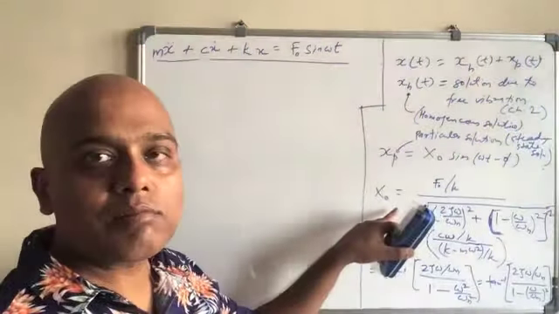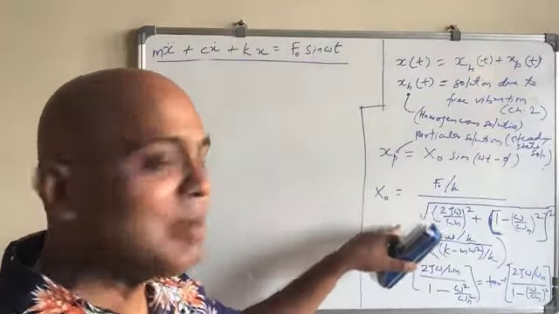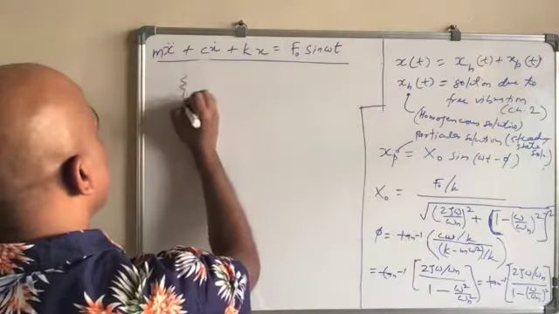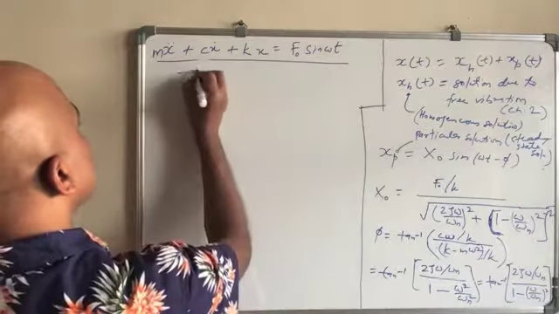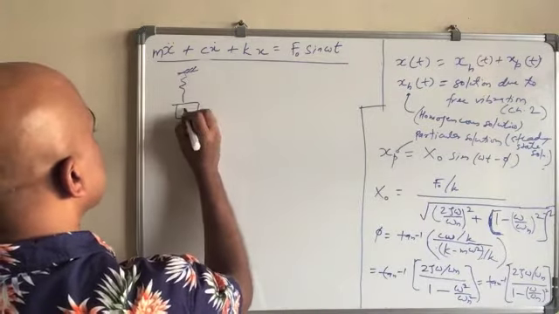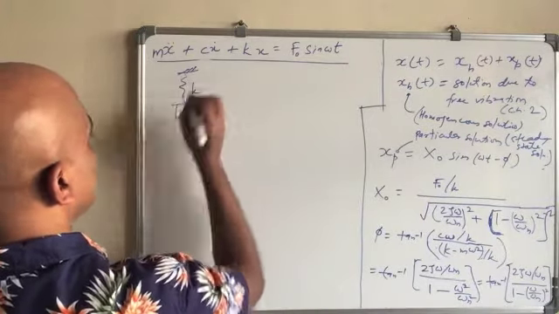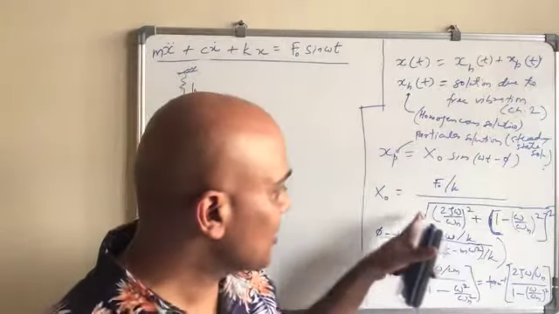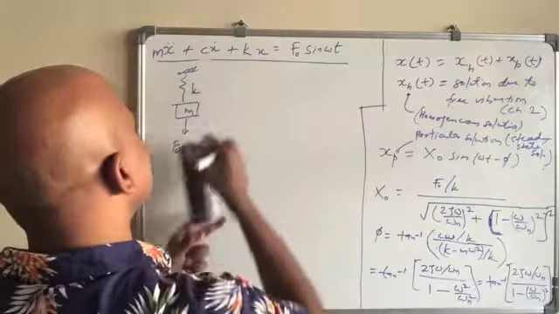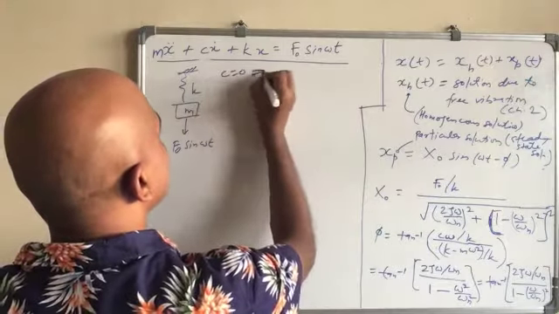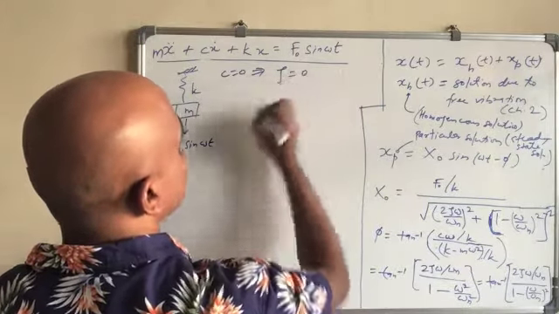From this solution, you can also find out the solution for a mass and a spring, with a harmonic excitation F naught sine omega t. In this case, c equal to 0, hence zeta is equal to 0.